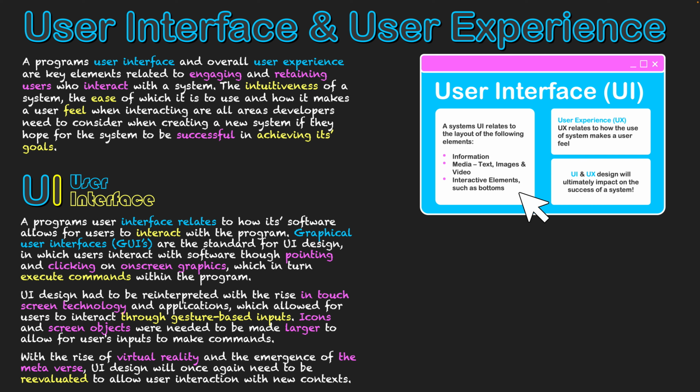Thus, firstly, icons and screen objects needed to be made larger because people's fingers were a lot thicker than the preciseness of a point and click device. So straight away that impacted how on-screen objects should look, and specifically icons on screen that users were clicking on.